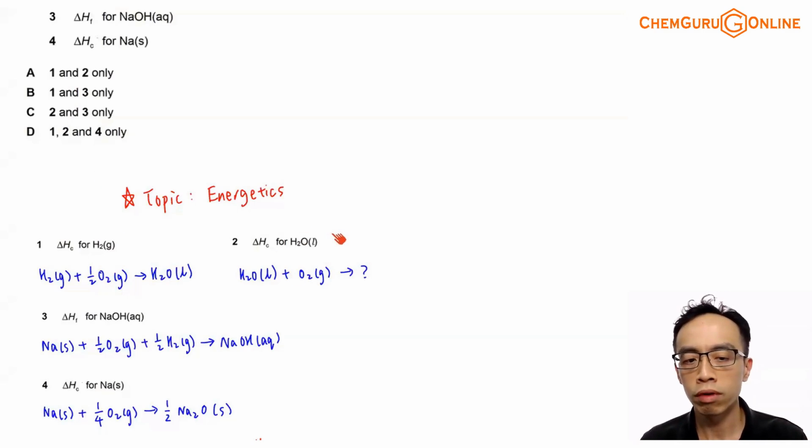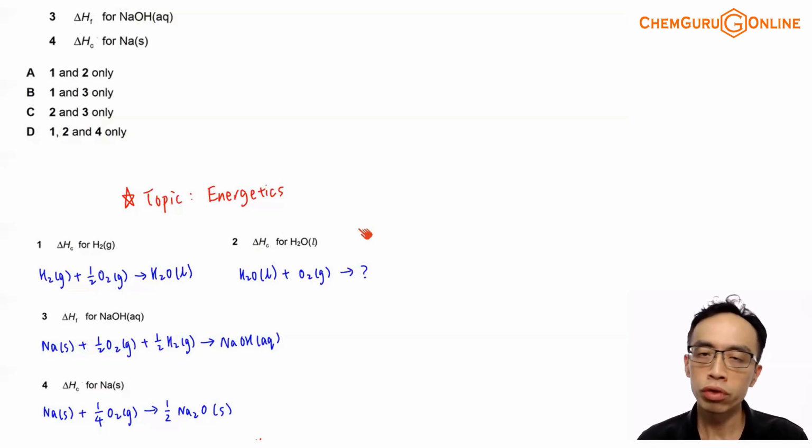Now how about combustion for water? Now if you think about it, can we burn water or can we oxidize water? Because combustion ultimately is the reaction with oxygen, and there will be an increase in oxidation state for the species that undergoes combustion. So if you consider water, where the oxidation state for hydrogen is already a +1 oxidation state, are you able to oxidize hydrogen even further to a +2 or +3 oxidation state?